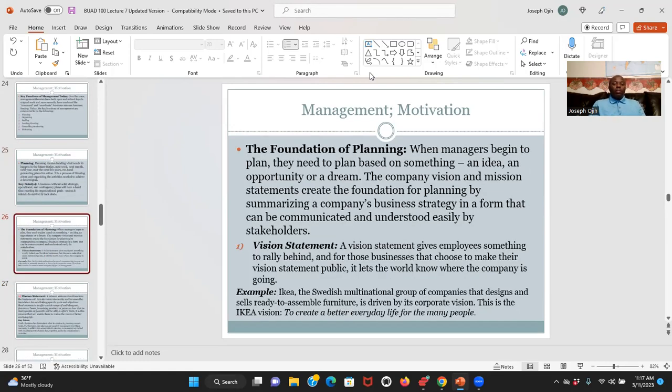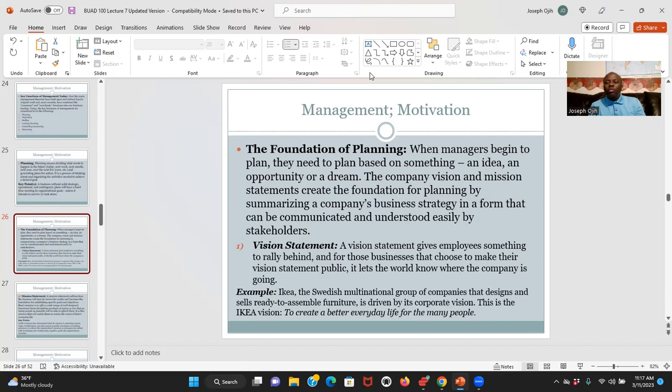Now let's look at how managers begin to plan, what they do in the process. The main foundation of planning begins with an idea, an opportunity, or a dream.